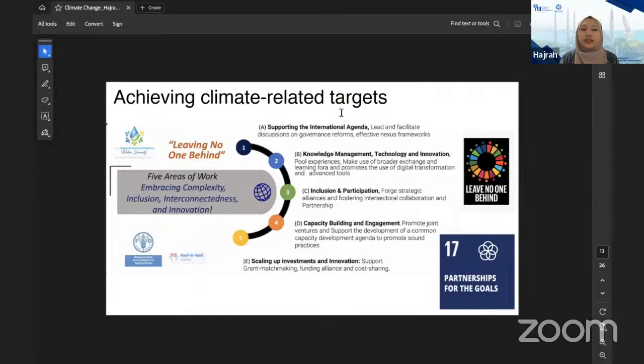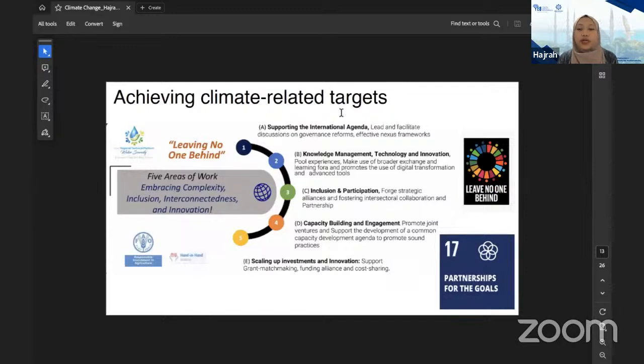That's why the SDGs have their jargon of leaving no one behind, because international support is really needed, and also knowledge management, technology and innovation transfer and sharing from many other countries, especially from the developed countries, European and American, which can really support our sisters and our other governments from the global south and also from Indonesia as well.